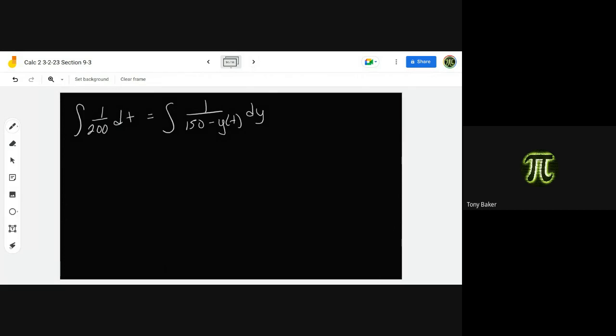Now I got to do my integral with it. So what's the integral of 1 over 200? Yeah, it's just t, right? It's just t over 200.